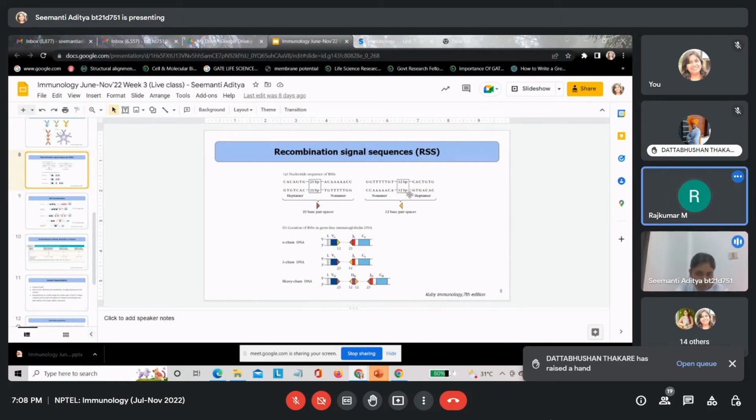So the 23 base pair and 12 base pair sequences do not have any sequence conservation. They will be very different in different segments. So this is providing junctional diversity.